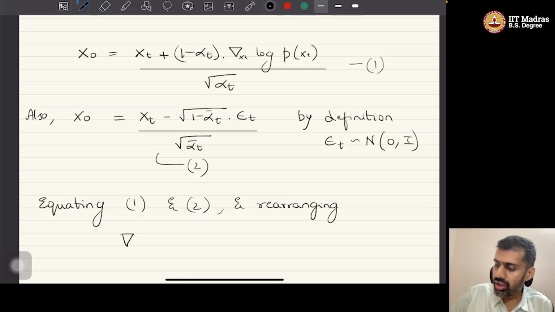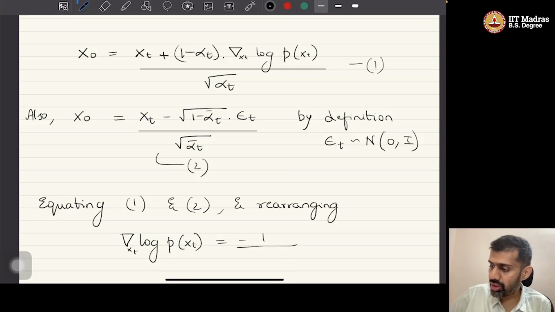So now the true score that we seek is simply equal to negative of 1 by root of 1 minus alpha t bar times epsilon t.